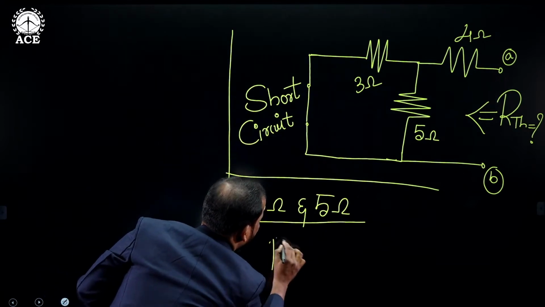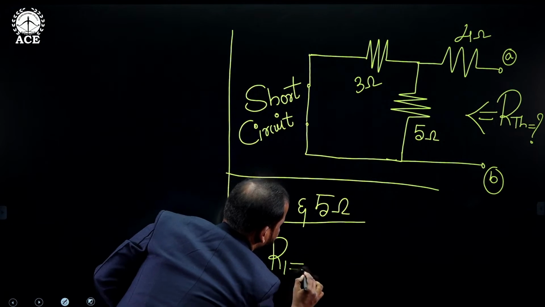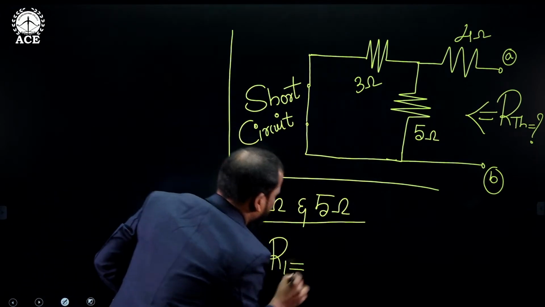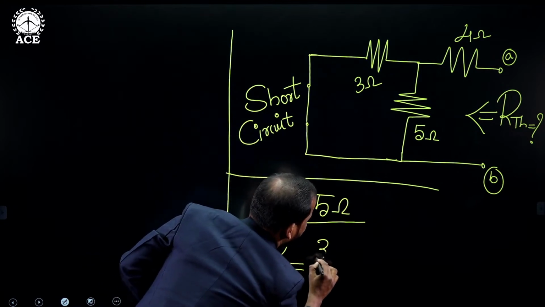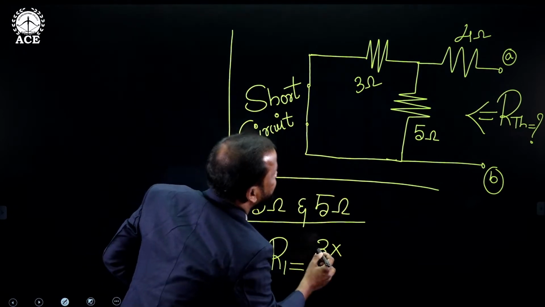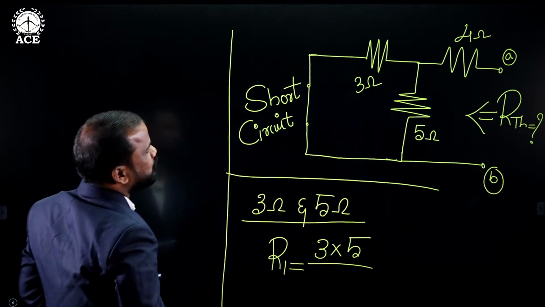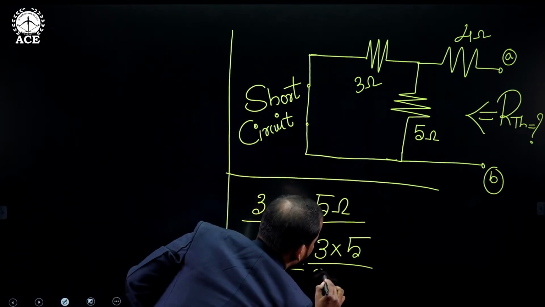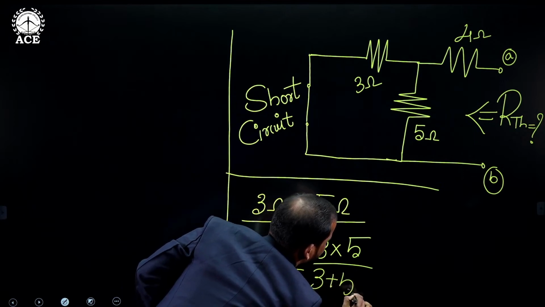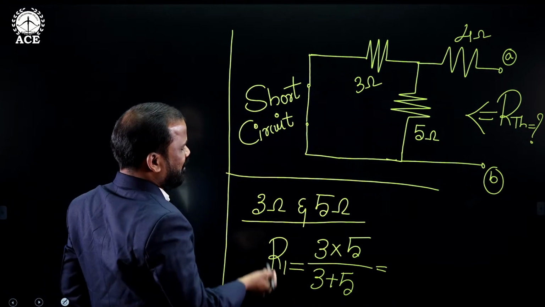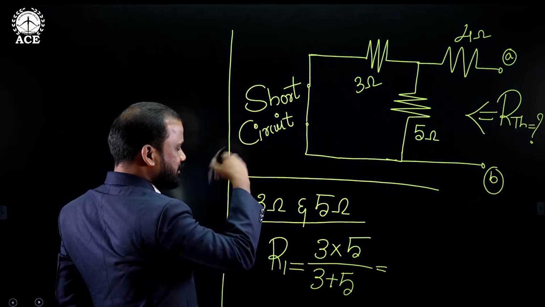I am giving the name R1 to the equivalent resistance of the parallel combination of 3 and 5. When 2 resistances are connected in parallel, how do we find the equivalent resistance? The product of the 2 resistances divided by the addition of the 2 resistances. We already derived this formula in the last session.